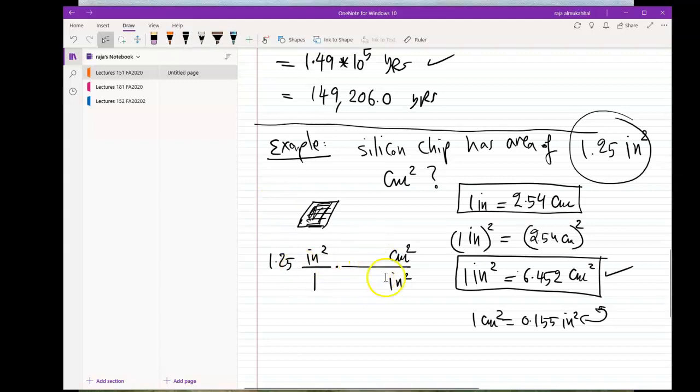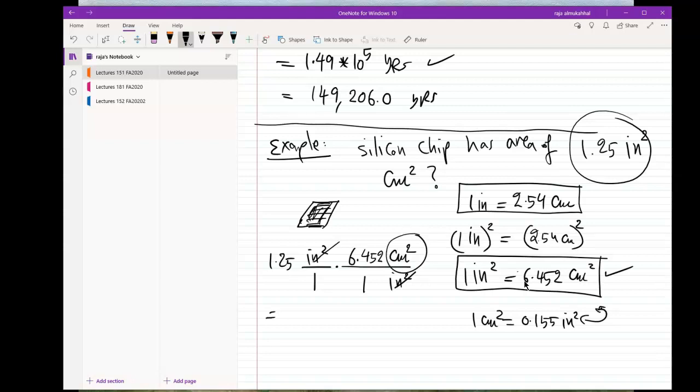And then I'm going to write down the relationship between them. Now you can use the one I looked up in the book, or the one we came up with. Okay, I'm going to use the one we came up with. Again, it doesn't matter. You'll get the same answer. So we have here 1 inch squared is equal to 6.452 centimeters squared. Of course, you can slash the inches squared like that, or in your mind's eye, they're going to cancel out, and you're going to be left with only centimeter squared.